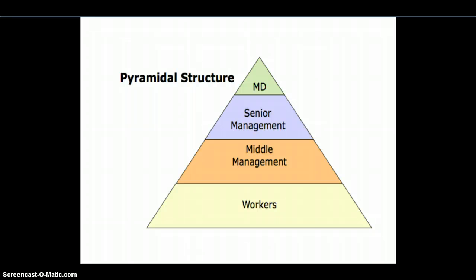This type of activity includes strategy, operation, and overall vision. So the managing director would generally have higher control over the senior management, middle management, and the workers, and has authority to strategically operate the business.